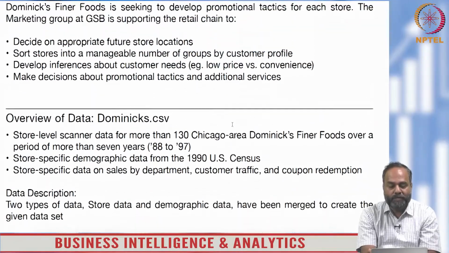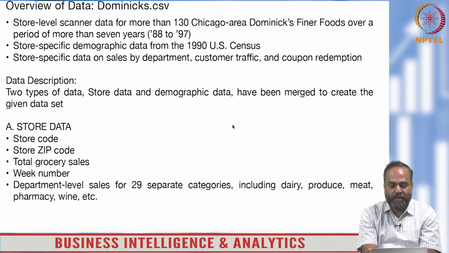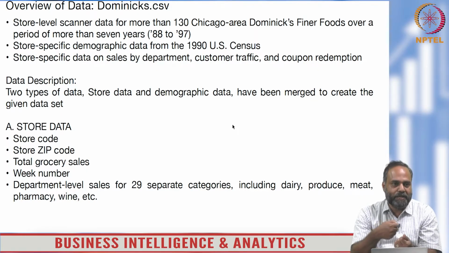Now how did the students convert this into an analytics problem? Let us look at it, okay. They asked for data, and what data did they get access to? Store level scanner data.